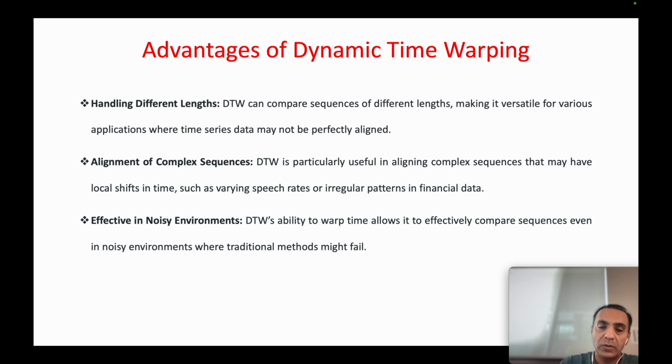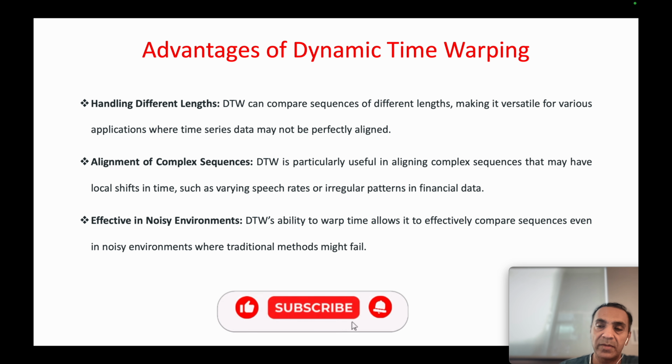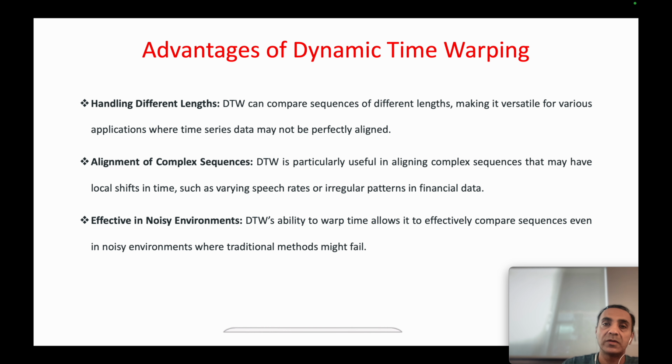So if you have two time series, and one is, for example, collected hourly, and the other one is daily or every 10 minutes or any other frequency, basically if the time interval is different, you can still use dynamic time warping to compare and contrast those time series data.